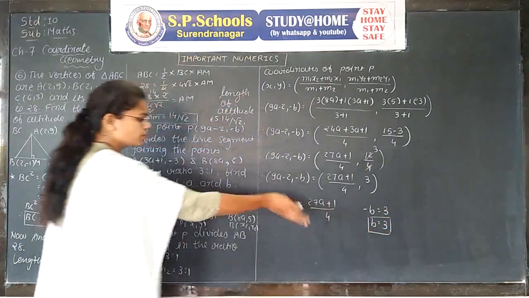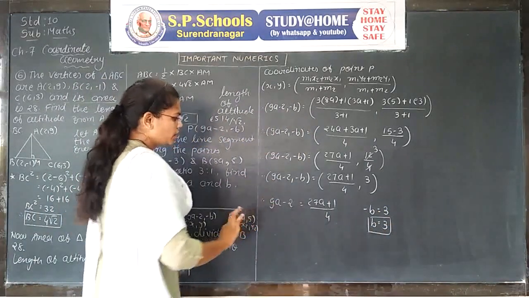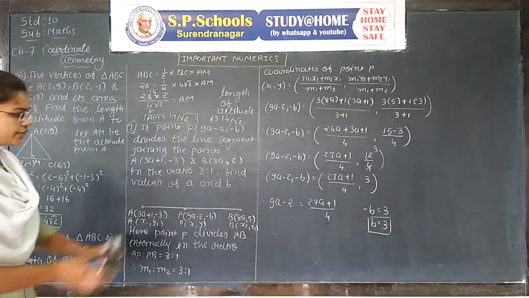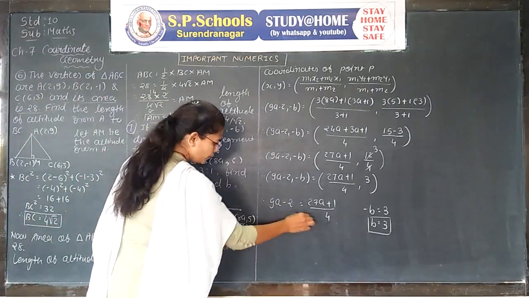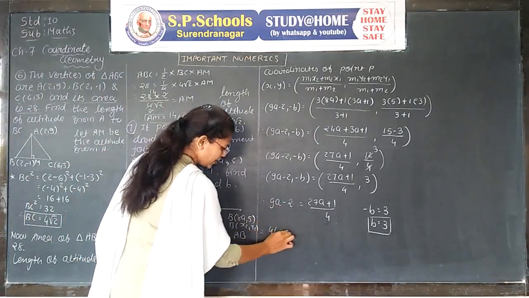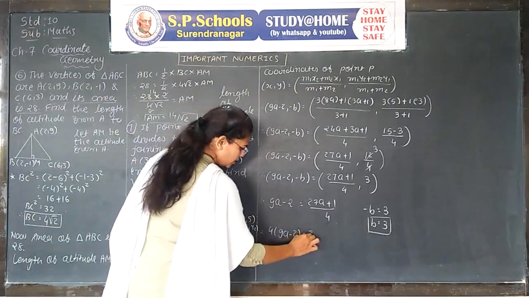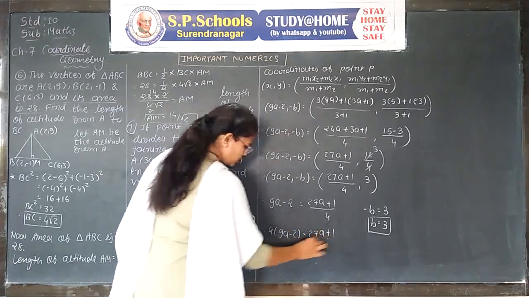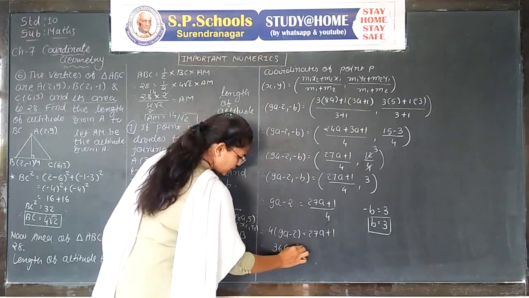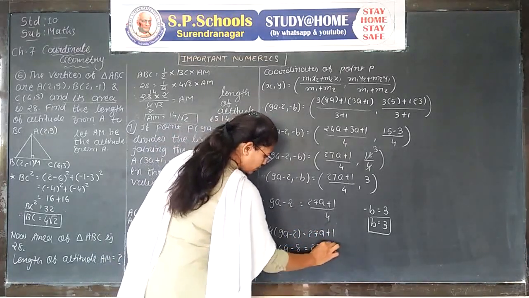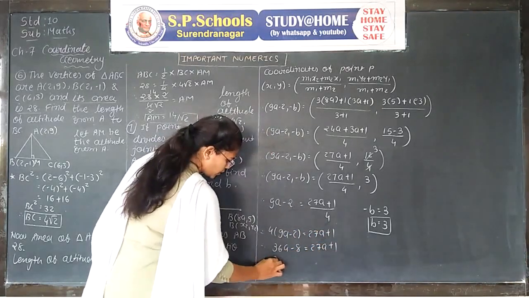We substitute b is equal to 3. The value of b is obtained. From the left hand side we obtain the value of a. 4 multiplied with 9a minus 2 is equal to 27a plus 1. 36a minus 8 is equal to 27a plus 1.